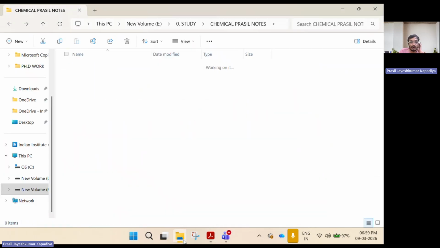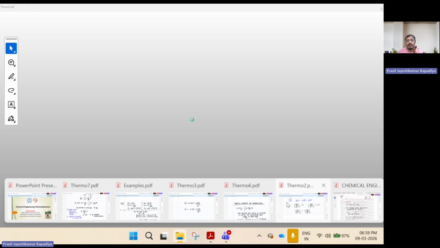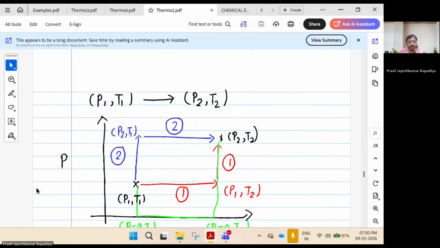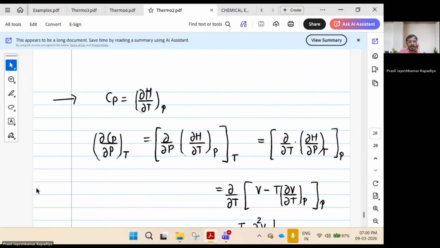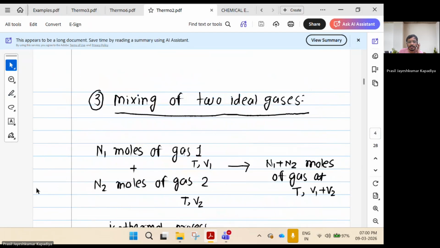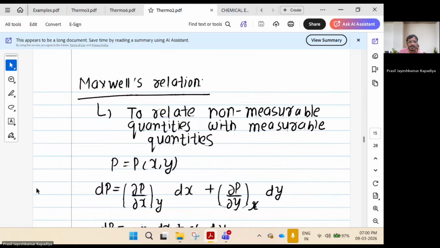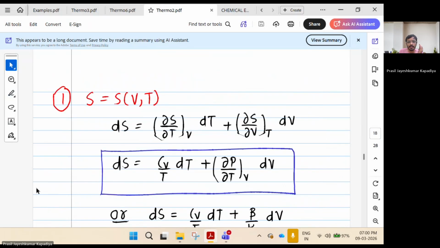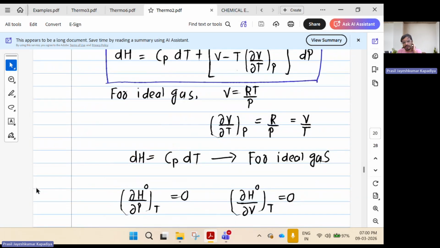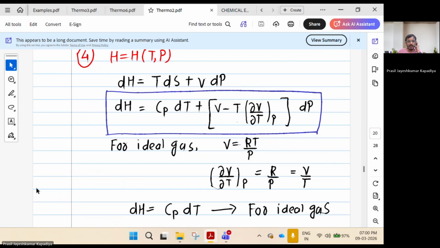In lecture 2, we have seen this thing about enthalpy.